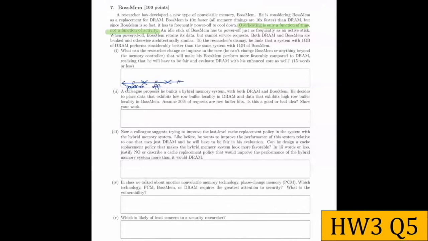Suppose that the system issues two memory requests, A and B, at the beginning of each phase, respectively. In this case, request A can be quickly handled, but B needs to wait until the end of a power off phase, which leads the system to be stalled for the same amount of time.